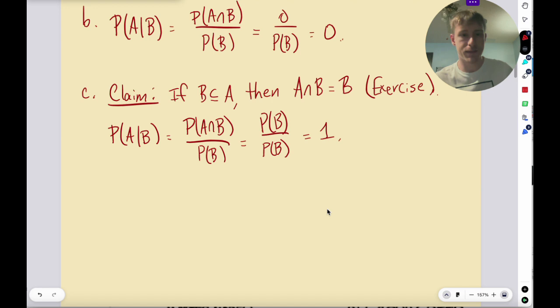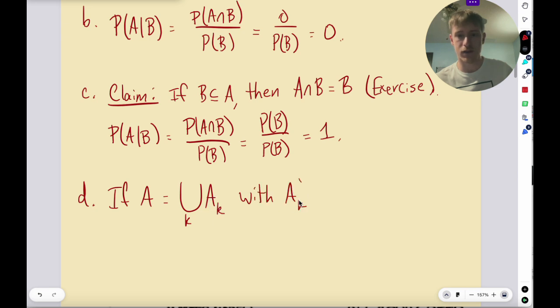Okay, last but certainly not least, part D. So we're going to go and write A as a union of disjoint events with the AKs mutually exclusive.